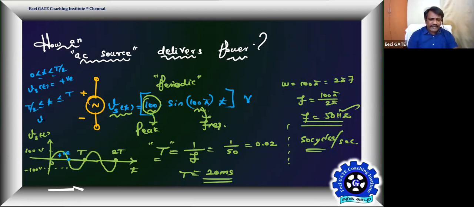So we call it the positive half cycle of the sinusoid and the negative half cycle of your sinusoid. So Vs of t is going to have a negative value. Therefore, the AC source is going to maintain a positive value for the first half cycle and a negative value for the second half cycle.